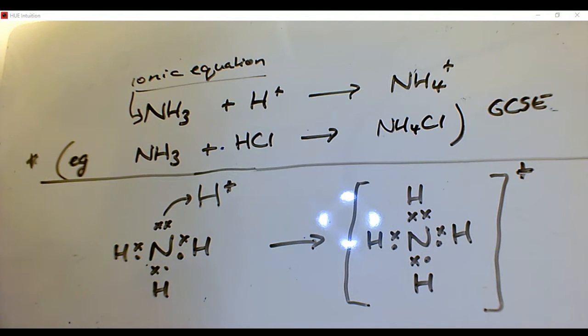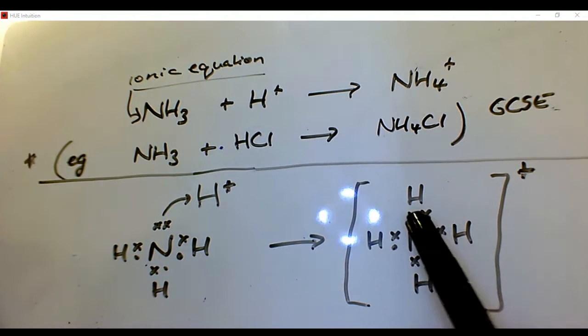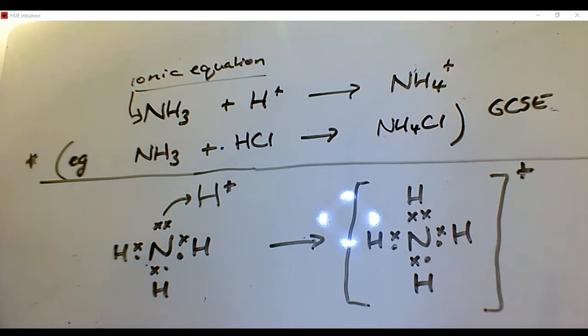If you were to count all the electrons you should have, you should have 4 from the hydrogens, and if we just look at outer shells, 5 from the nitrogen. So you should have a total of 9 electrons in that particle if it was neutral. But you only have 1, 2, 3, 4, 5, 6, 7, 8. You've only got 8 electrons. So it has a positive charge because it has 1 fewer electron than the charges in the nuclei, the protons of the hydrogens and nitrogen, in total.